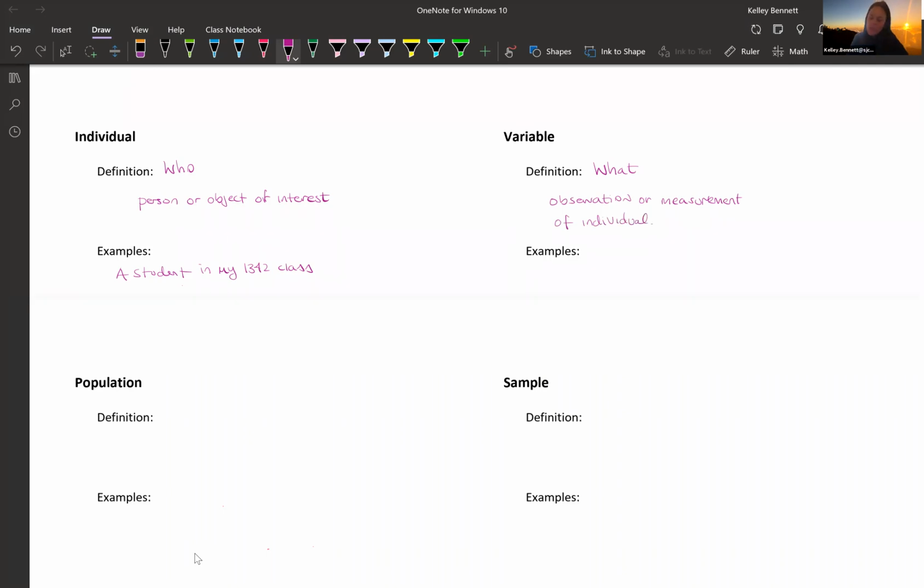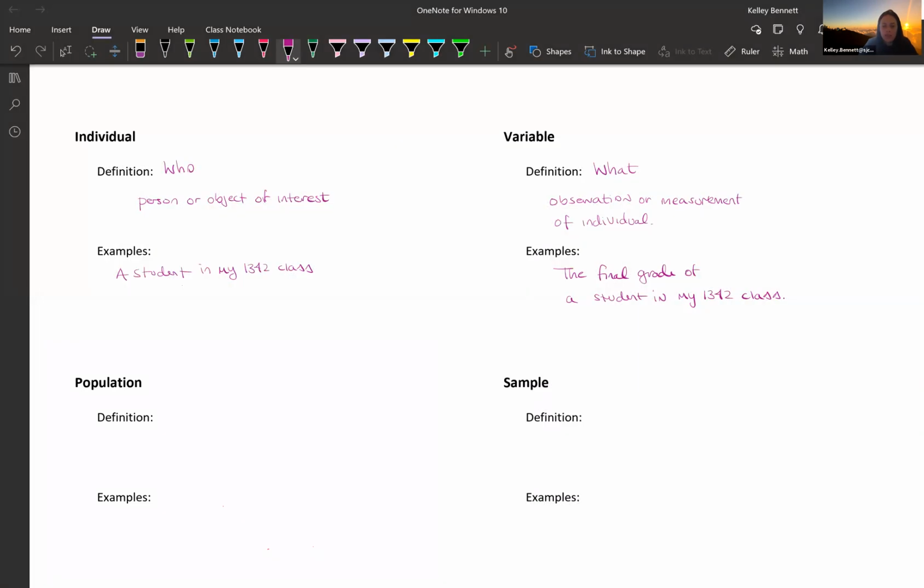In our example, if I'm looking at the final grade average class-wide, then the variable is the final grade of a single student. So who am I measuring? A student. What is it that I'm measuring about them? Their final grade.